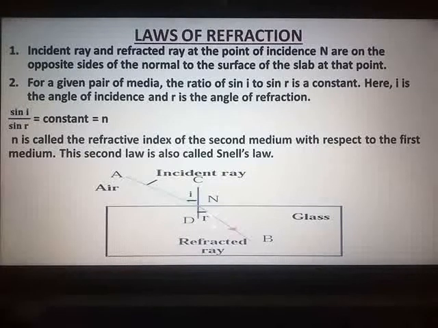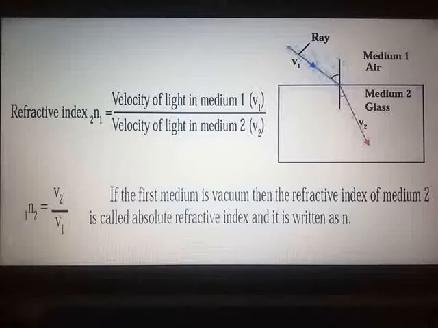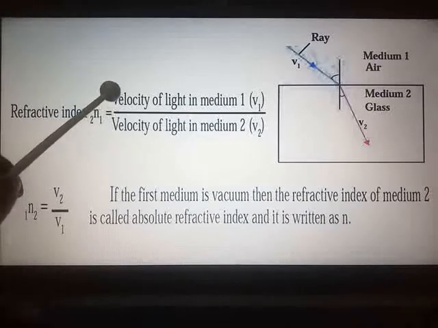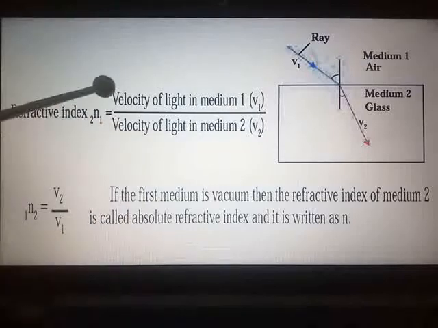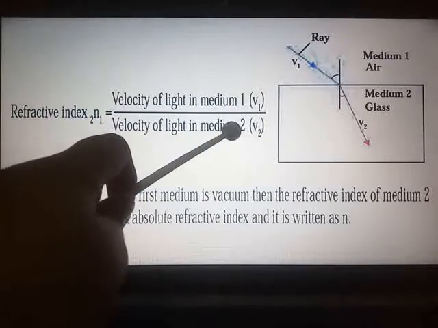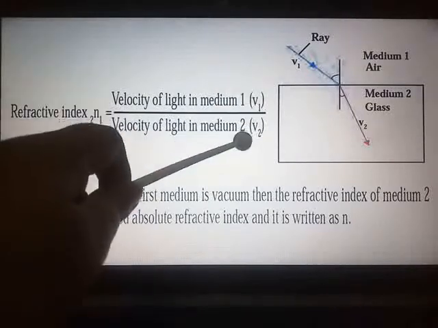The next we have studied a small formula, how to calculate the refractive index. Now first case you can see refractive index of second medium with respect to the first medium is the ratio of velocity of light in medium 1 upon velocity of light in medium 2, that is v1 upon v2.